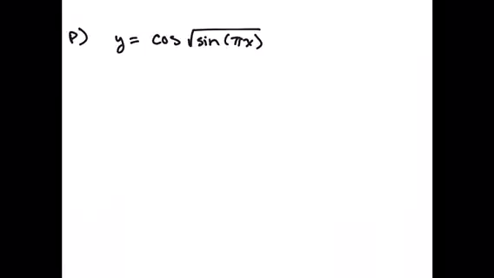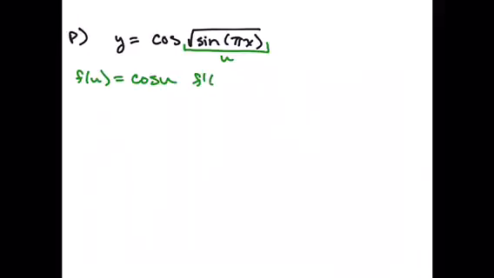Okay, this one's even more complicated, but we're just going to simplify it by working our way from the outside in. So, I see that I have cosine of something. So, we will say our function in terms of u is cosine of u.